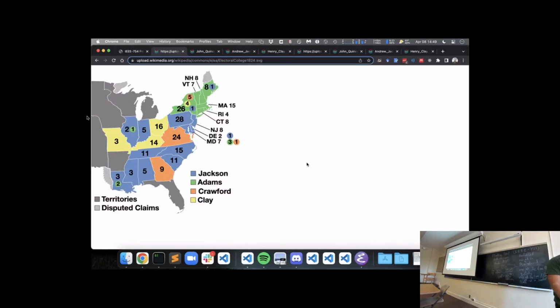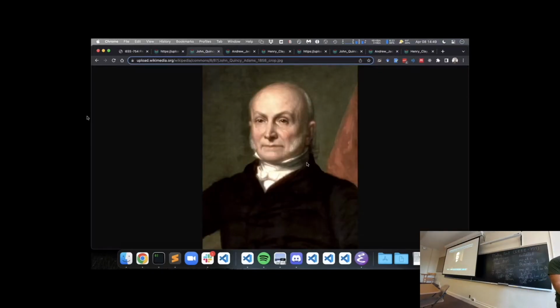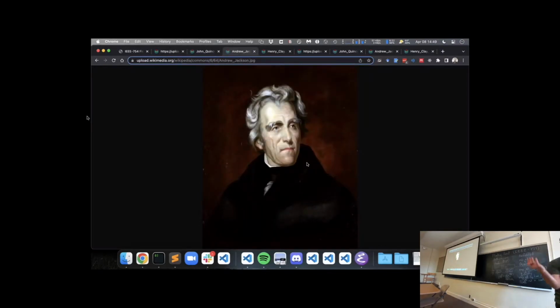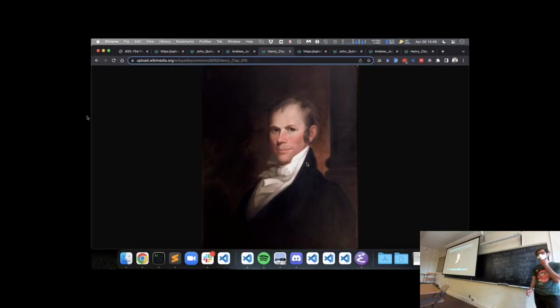So just to put some faces to names, here's John Quincy. Here's Andrew Jackson, who you might know would become president later. And here's another important figure in American history, Henry Clay, who also made his first of 3 unsuccessful attempts at becoming president in 1824.